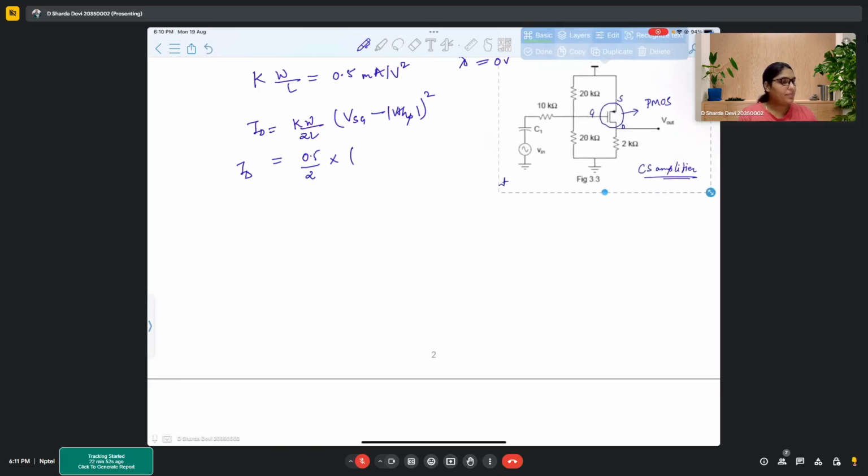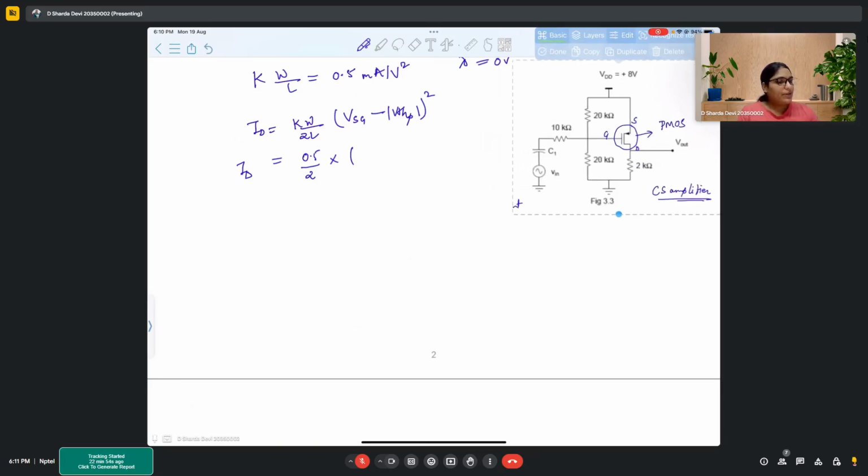Here VSG basically means Vs minus Vg. Now Vg would be how much? There are two resistors of 20 kilo ohm, 20 kilo ohm, and 8 volts is being distributed among them.